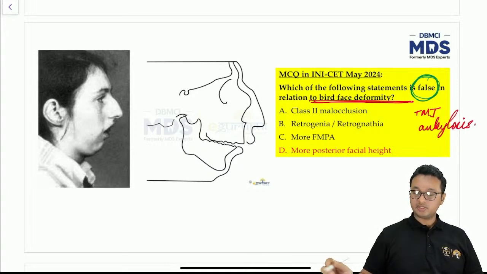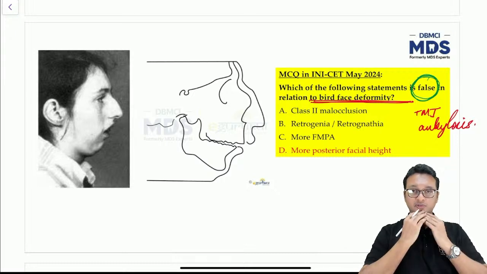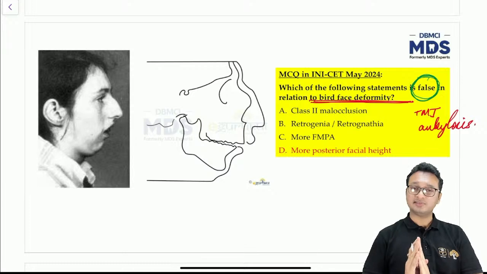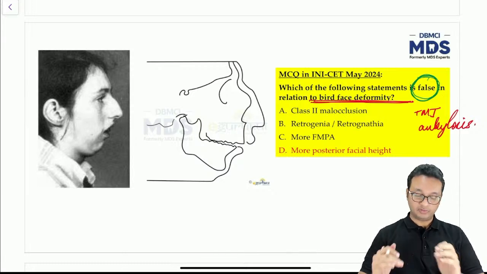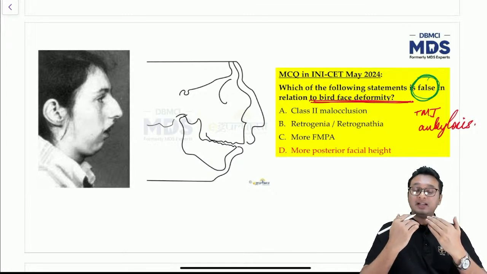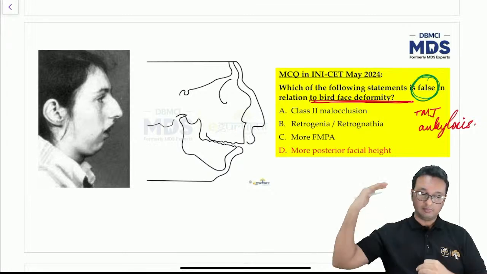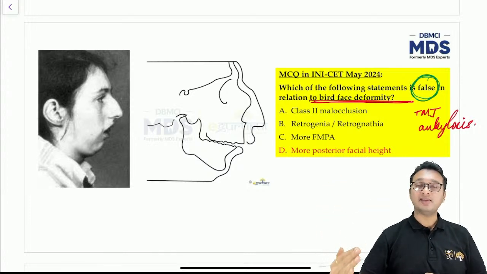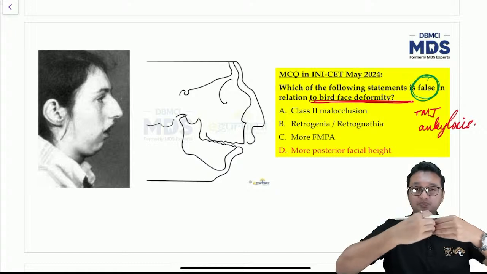So such a condition prevents the forward growth of the mandible. So the anteroposterior discrepancy is so severe, as you can see in this figure, that the maxilla is normally developed, but the mandible is so much back. So by looking at the patient's profile, it gives an appearance that the patient is having a beak.